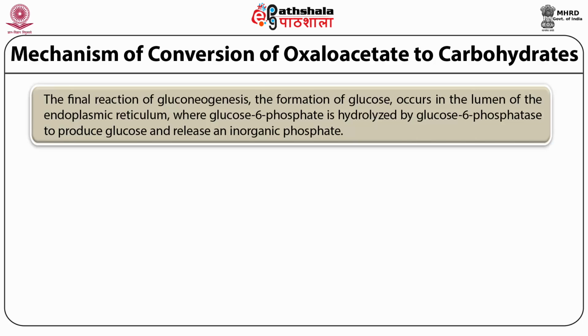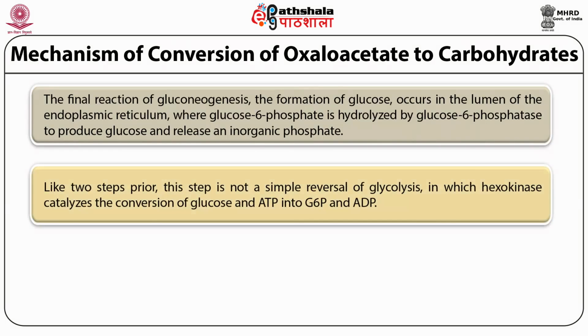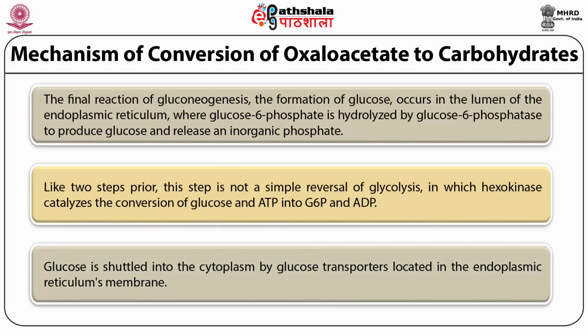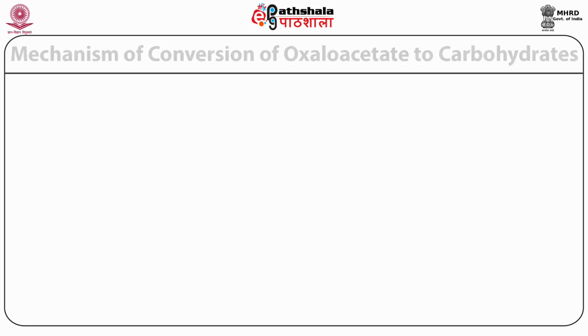Like 2 steps prior, this step is not a simple reversal of glycolysis, in which hexokinase catalyzes the conversion of glucose and ATP into glucose 6-phosphate and ADP. Glucose is settled into the cytoplasm by glucose transporters located in the endoplasmic reticulum's membrane.